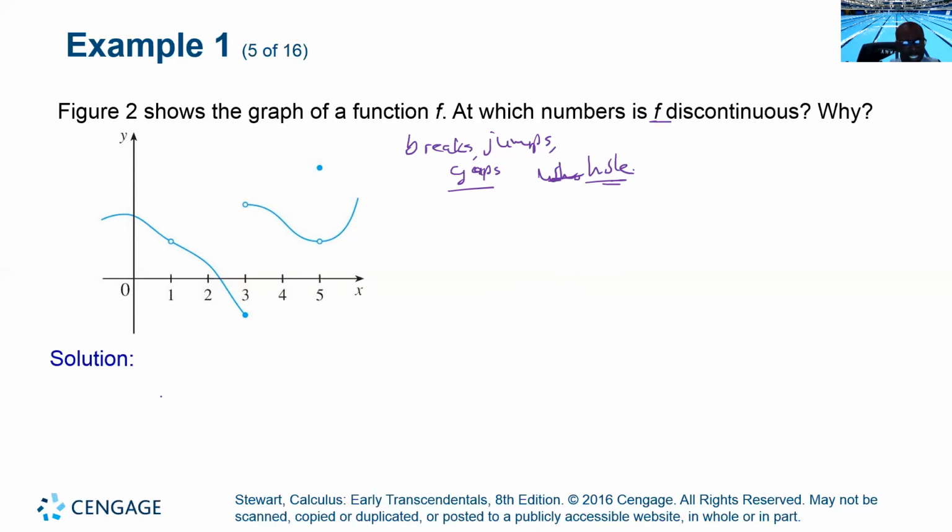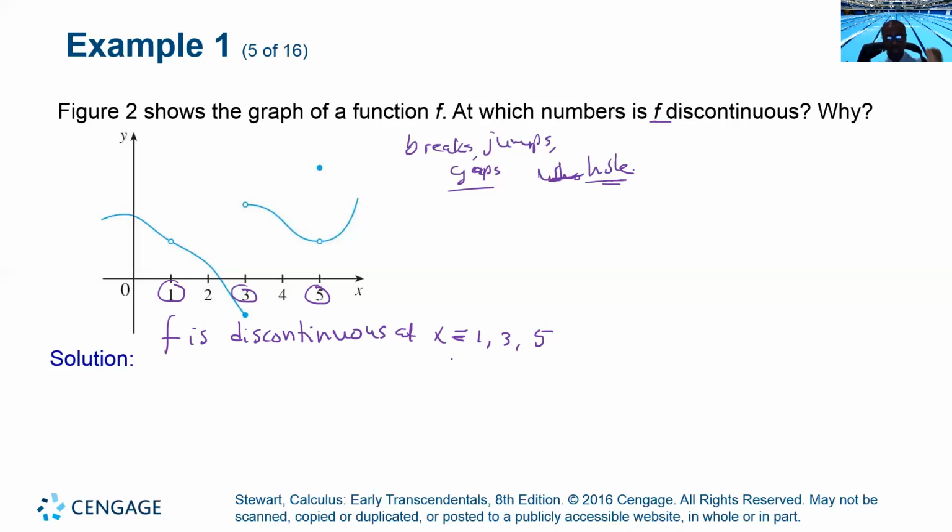Discontinuous. So if you look at this graph carefully, look at 1, look at 3, and look at 5. We could say that the function f is discontinuous at x equal to 1, 3, and 5.